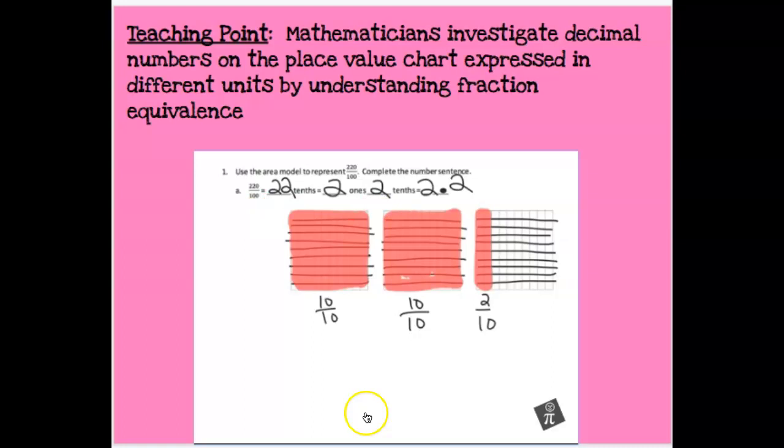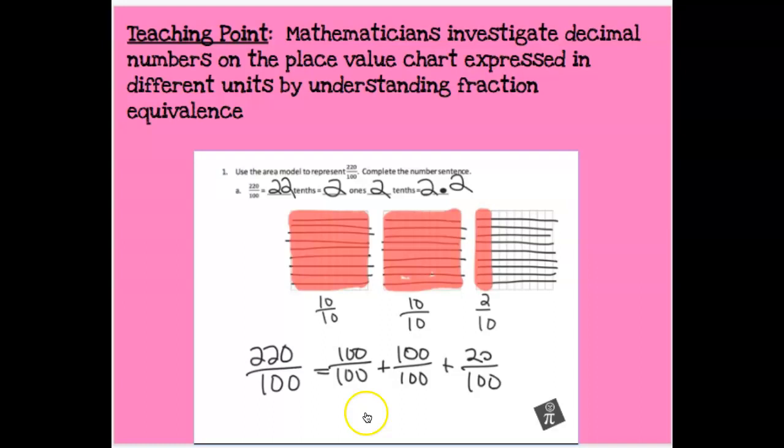Another way we could think about this is you could say, well, 220 hundredths is really, if we want to think about fractions, 100 hundredths plus another 100 hundredths plus 20 hundredths.